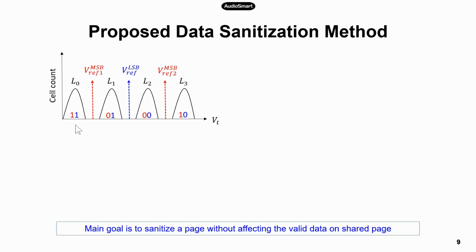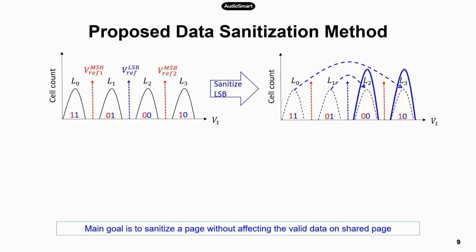This will give us states that are equally distributed. As you can see here, L0, L1, L2, and L3 are equally distributed. And again, as I mentioned earlier, blue here represents the LSB bits, and red represents the MSB bits.